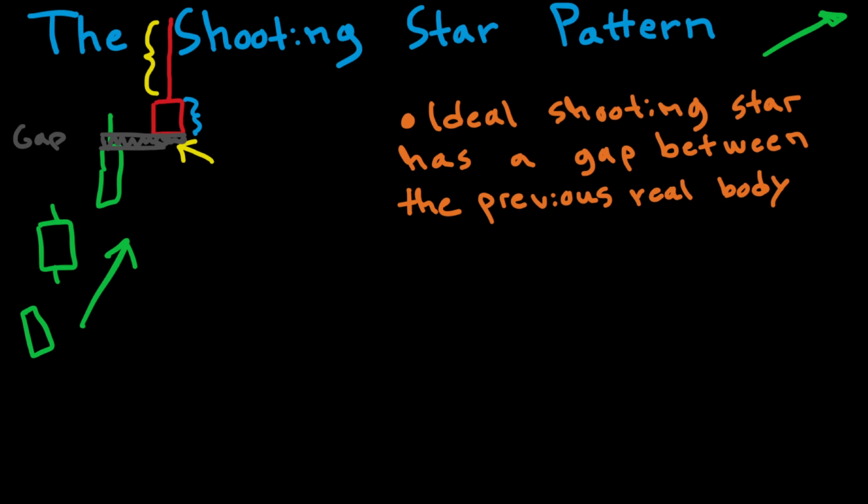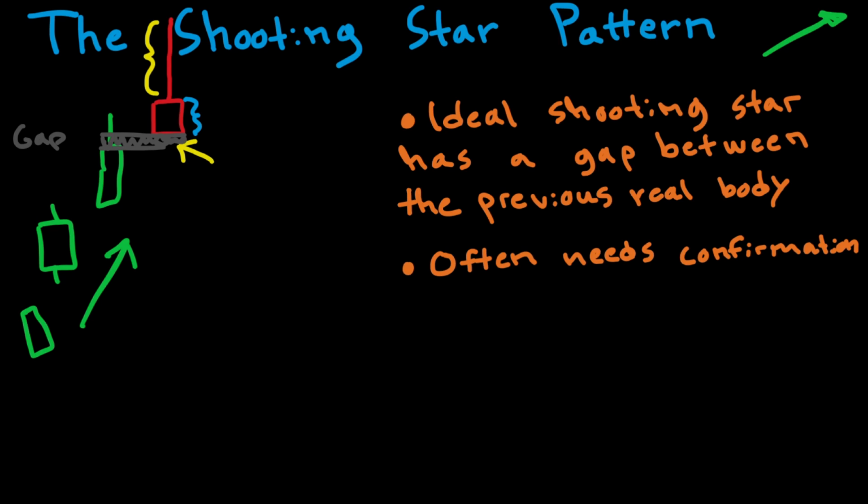And another thing to mention here is that the shooting star often needs confirmation, at least if the shooting star appears alone with no support of other technical data, for example, resistances, divergences, oscillators, and so on. So if we don't have a lot of technical data, we often want a confirmation that the shooting star is valid.